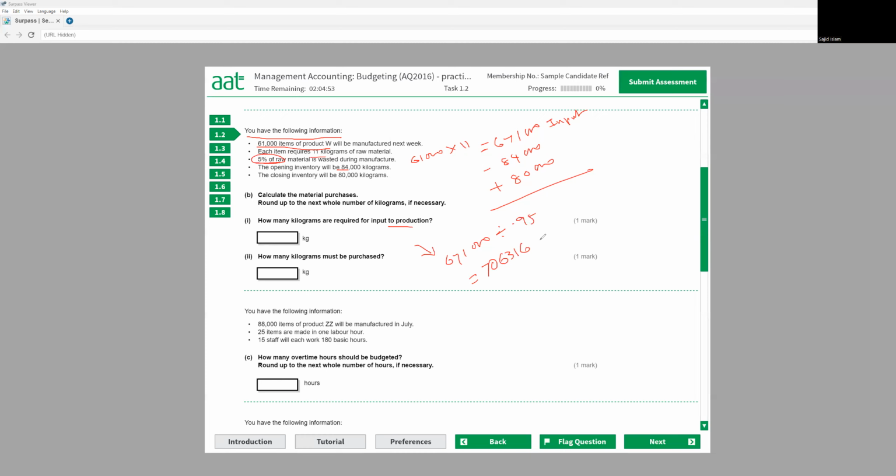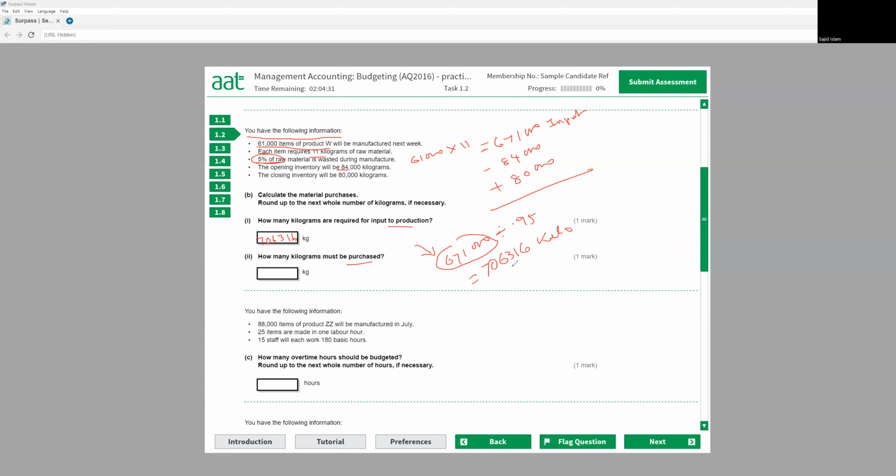So this is the amount of kilos I have to put on the machine to get 671,000. All right, now how much do I need to buy?